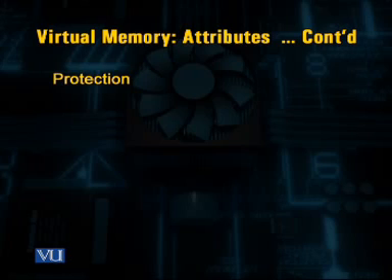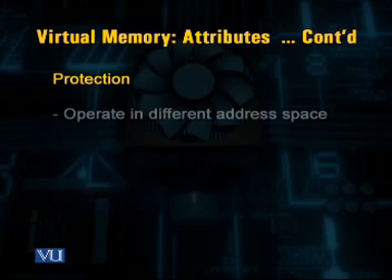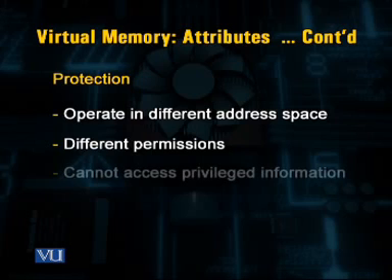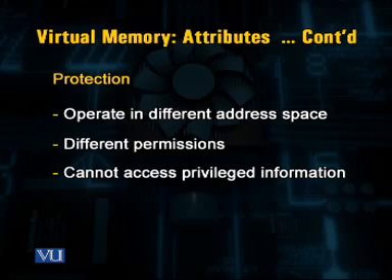Virtual memory provides protection against interference of one process with another, because here different processes operate in different address space, and different sections of address space have different permissions, and the user processes cannot access privileged information.